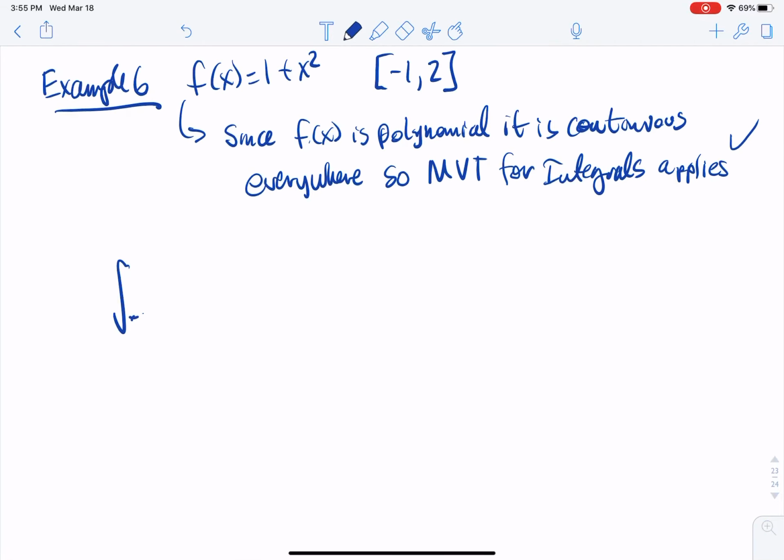So we have the definite integral from -1 to 2 of our function 1 plus x squared dx, which should be equal to some function value, I'll make it a c, times b minus a. Our b minus a is 2 minus -1, so plus 1, gives me 3.